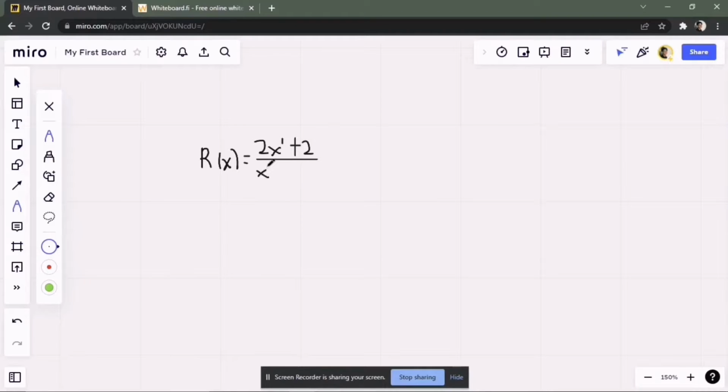For example, we have r of x is equal to 2x raised to 1 plus 2 over x squared minus 3x plus 4, wherein the degree of the top or the numerator is 1 and the degree of the bottom or the denominator is 2. We can see that the degree in the numerator is less than the degree found in the denominator.